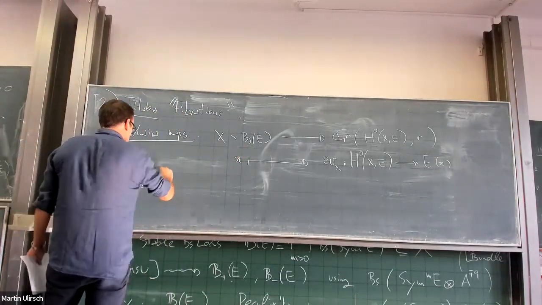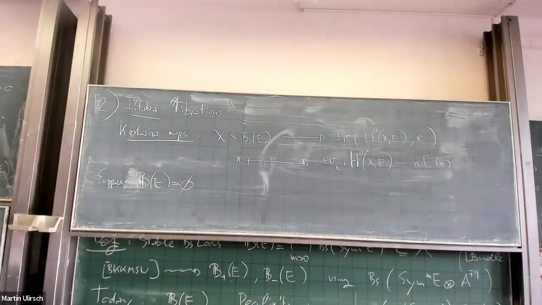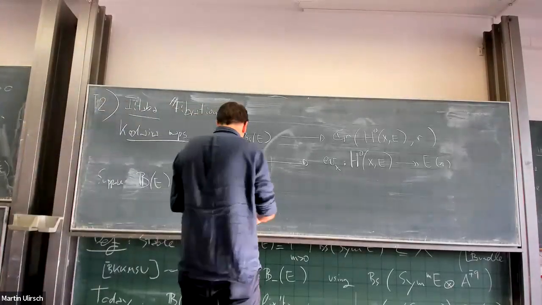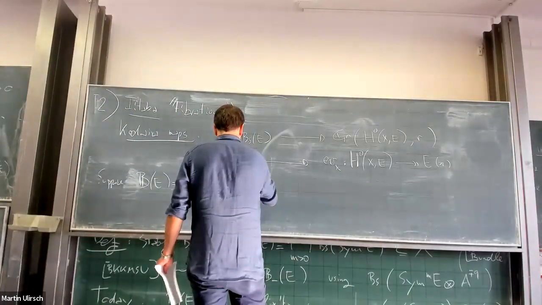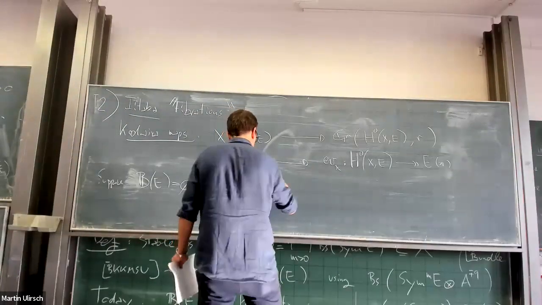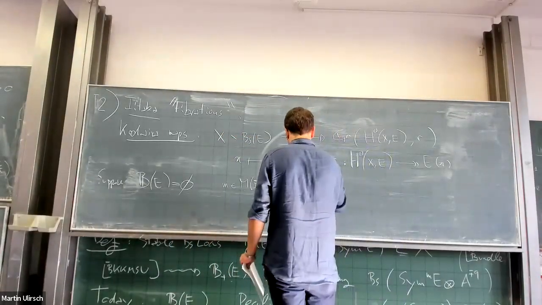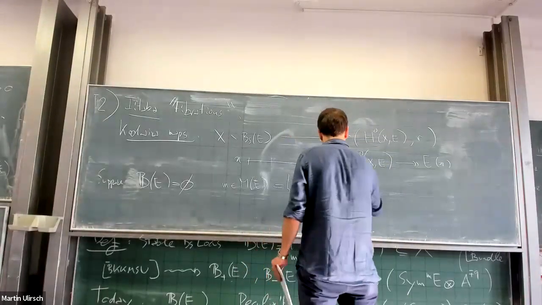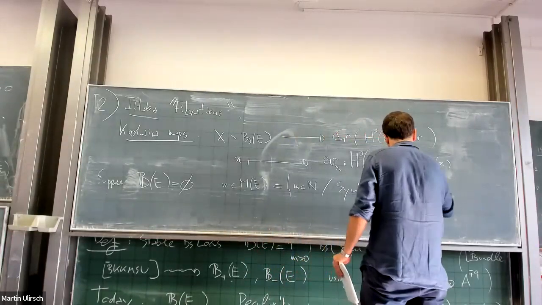So let us suppose that the stable base locus of E is empty. This means that at some point there is some symmetric product of it which is globally generated. And then we can fix an integer m in the set of all integers such that Sym^m of E is globally generated.